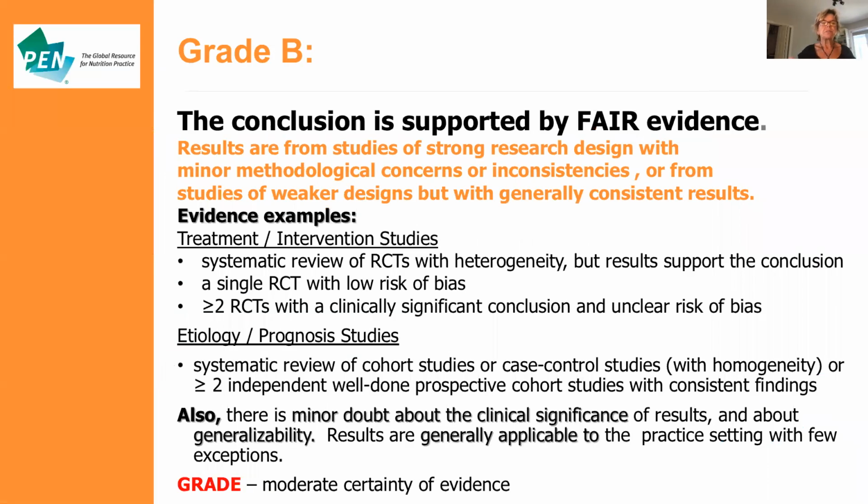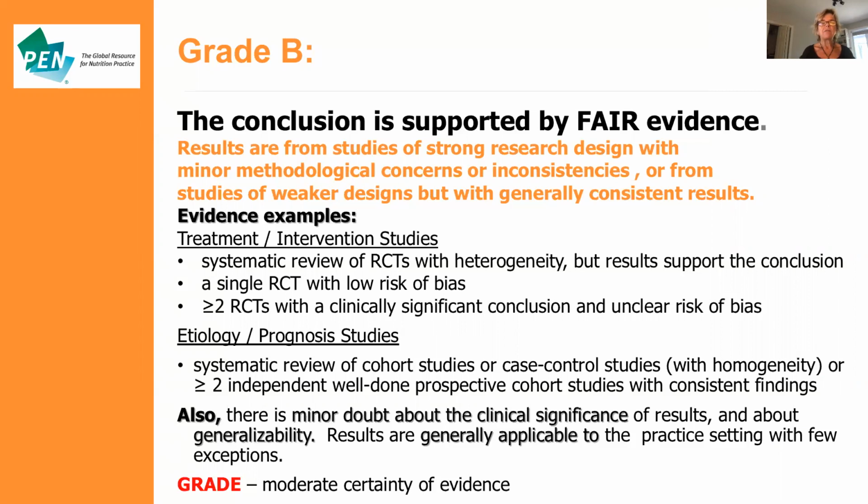And so as we start to move down B, C, and D, fair evidence, we still could have studies from a strong research design, but now there are some methodological concerns or inconsistencies. And if it was a weaker design, the results are generally consistent. So now we have for treatment intervention where there's some clinical trials, but there's some heterogeneity amongst the studies in terms of the interventions or the outcomes.